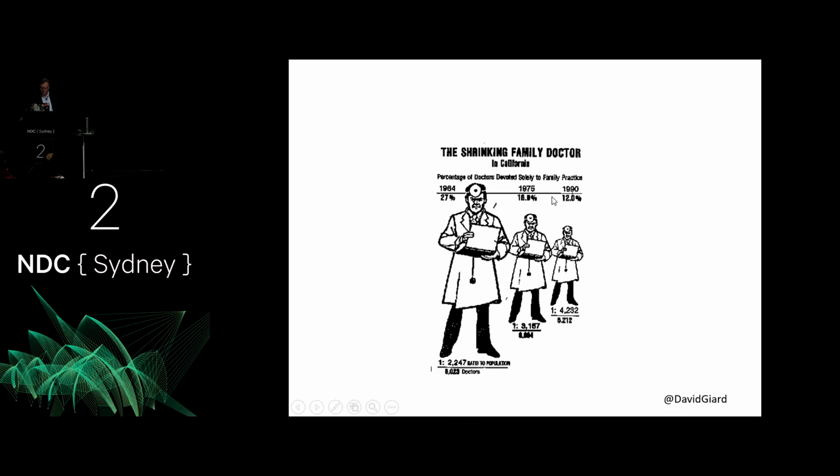This axis isn't proportional, but I don't think that's the big problem here. The big problem here is that they're representing these numbers, 27%, 16%, and 12%, by these shrinking doctors. They've chosen to represent a one-dimensional data point as a two-dimensional object, and that object is actually varying by both its height and its width.